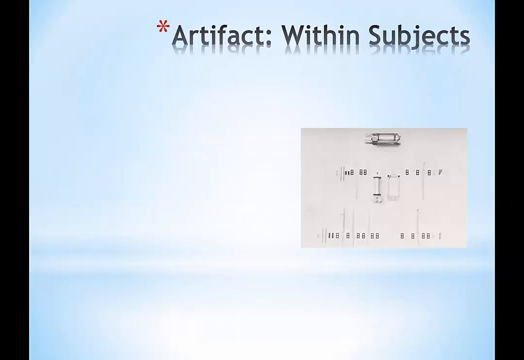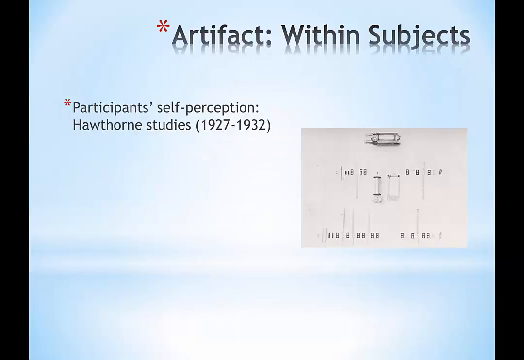All right, I want to tell you a classic story about within subjects, and your textbook goes into this a little bit more, and I want to just cover the highlights of it. Two researchers from the University of Minnesota in the late 1920s into the early 1930s did some studies at a Western Electric Hawthorne plant in northern Illinois, and they were interested in improving productivity.